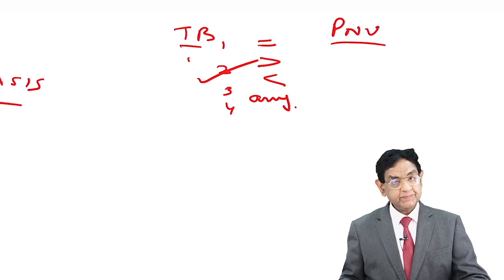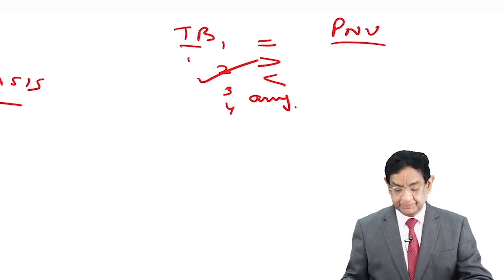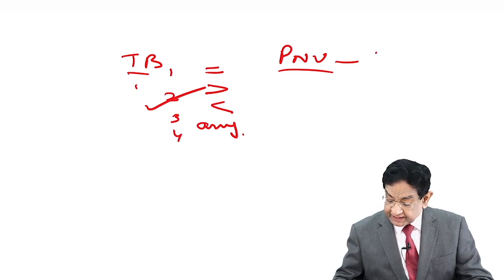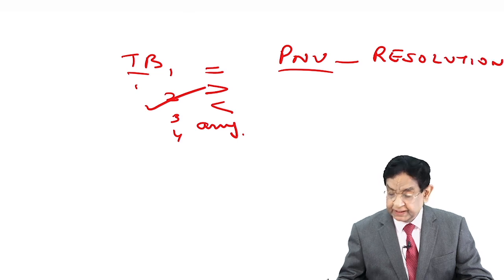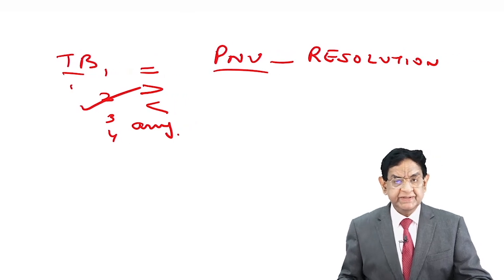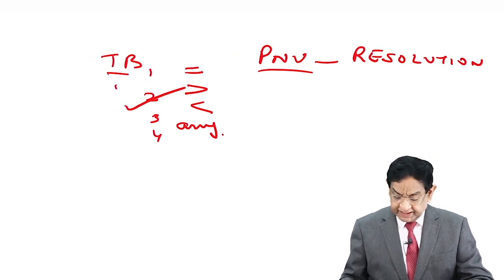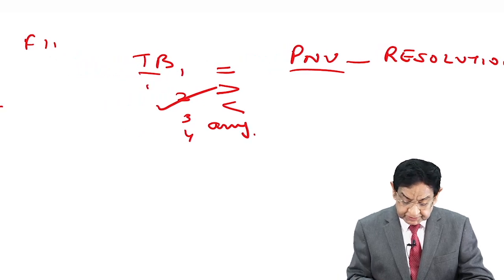Why? Let's go to basic pathology. In pneumonia, healing occurs with resolution. Everything gets resolved, everything disappears. But in tuberculosis, healing occurs with fibrosis.